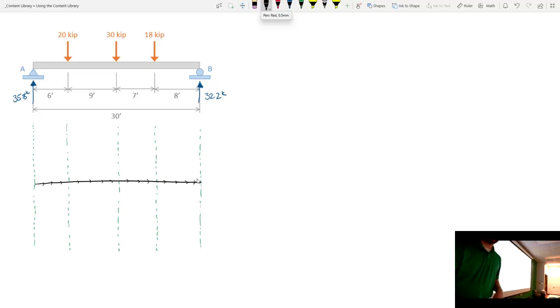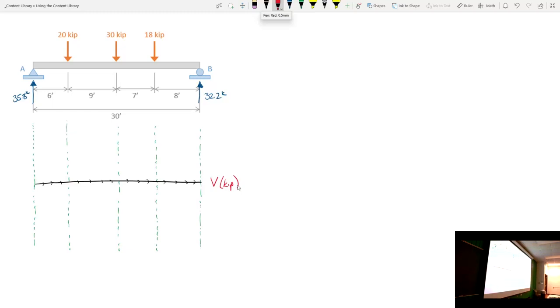Okay? Now, what we're plotting here is the shear diagram. So I'm going to write that this is the shear diagram out here. And typically what I like to do is say that this is in kips, okay? And then as I'm drawing the shear diagram, I don't want to worry about writing units over and over again. So I'll just state it at the very beginning and then sort of go on from there. Okay. So far, so good?